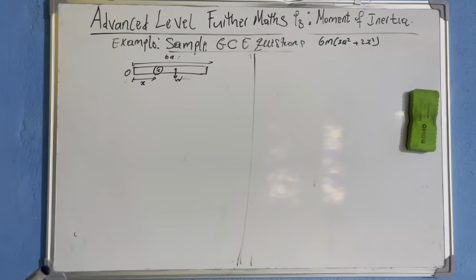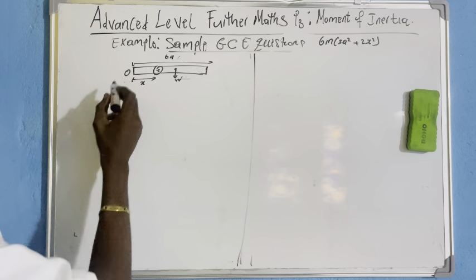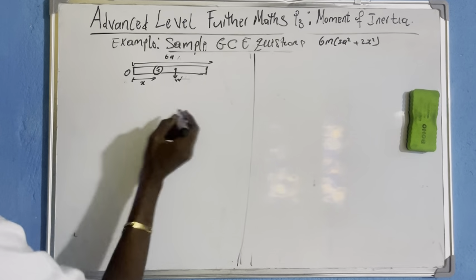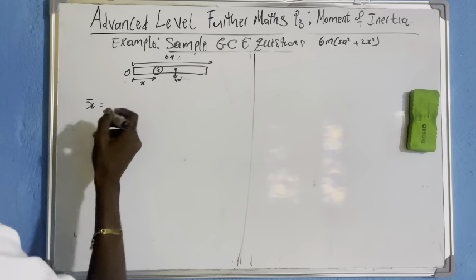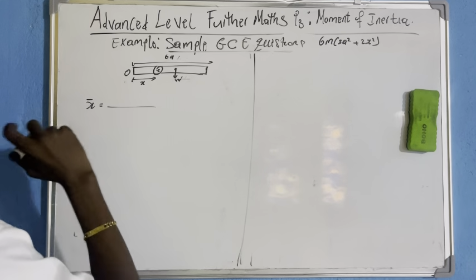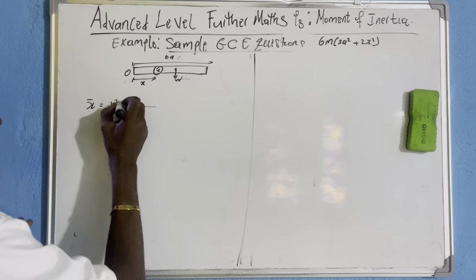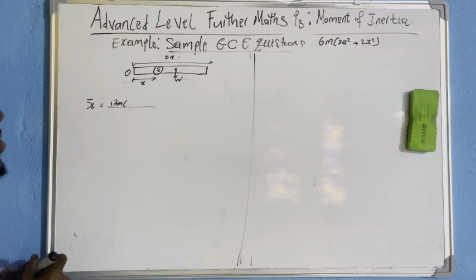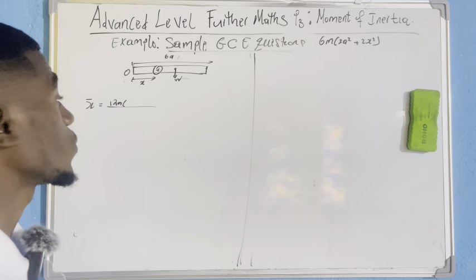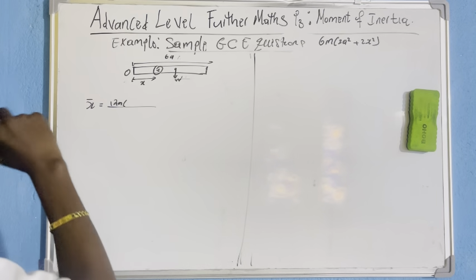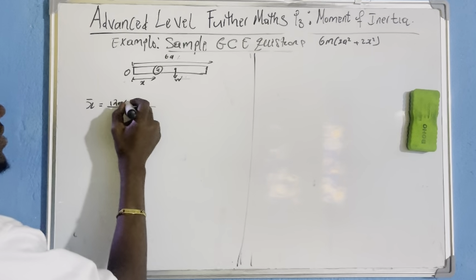As we all know, it is a horizontal distance, so the distance from the center of mass of the system to O is horizontal distance, therefore they are talking about what? X bar. And X bar, the first mass here is the mass of the disc, which is how many? 12m. Then the distance from the center of the disc to the axis of rotation, which is O, is simply x.